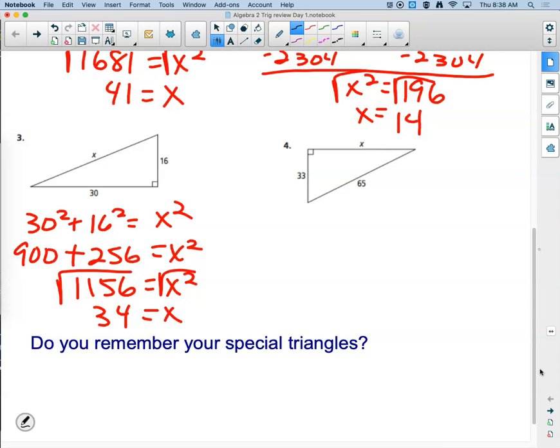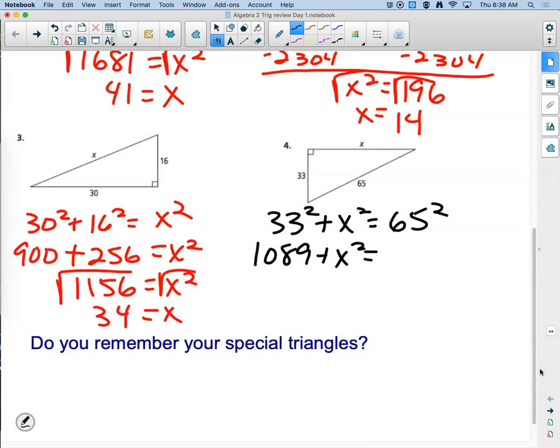Number 4, are we looking for a side or for a hypotenuse? All right, so we'll set it up. Find some larger perfect squares here. 33 squared, 1,089. 65 squared, 4,225.